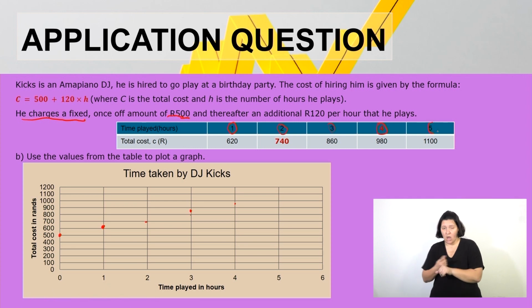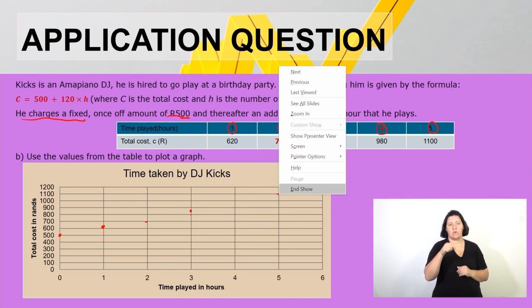If he plays for 5 hours, he will charge 1,100. For 4 hours, we said it will be 980. So it's here. And then if he plays for 5 hours, he charges 1,100. It is right there.